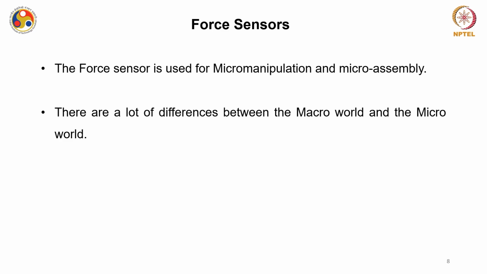There are a lot of differences between a macro world and a micro world. When I talk about the macro world, whatever tangible things we see around us are the macro world. For example, this pen that I am using to write on this notepad is a part of this macro world.